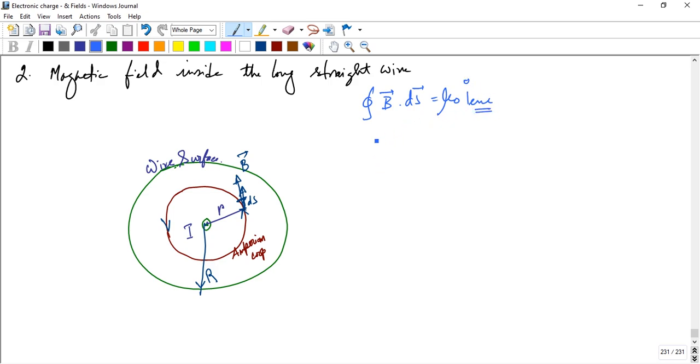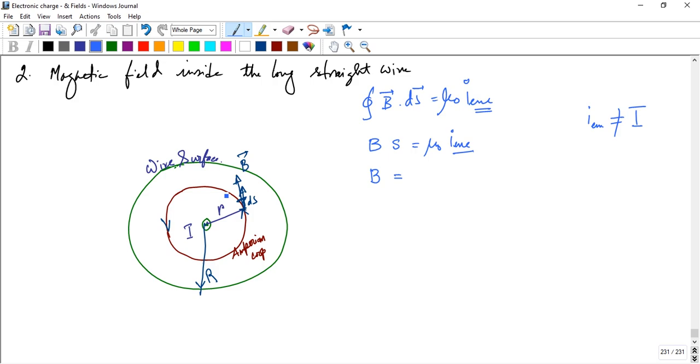B and ds are in the same direction, so cos 0 is 1, so B times the integration of ds, that is B s, equals mu 0 I enclosed. Okay, this I enclosed is not equal to the total current I. You remember that. That's a very key point here. This I enclosed is not equal to capital I.